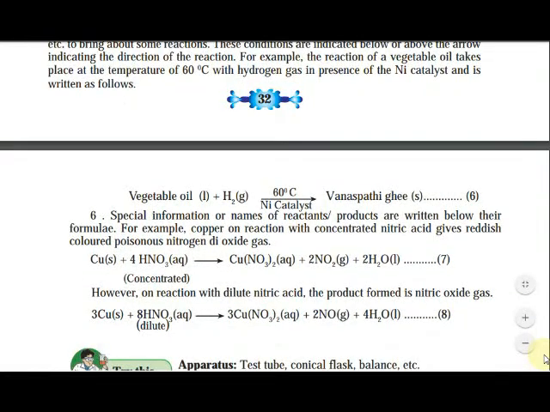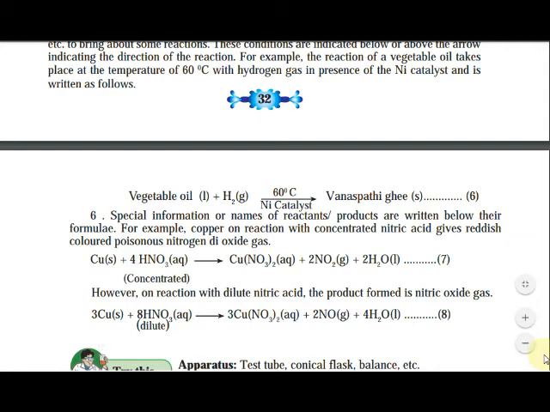However, on reaction with dilute nitric acid, the product formed is nitric oxide gas. 3Cu plus 8HNO3 (aq), which has been taken in dilute state, gives out 3Cu(NO3)2, which is in aqueous state, plus 2NO, nitric oxide, plus 4H2O.